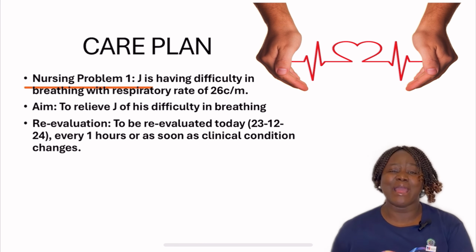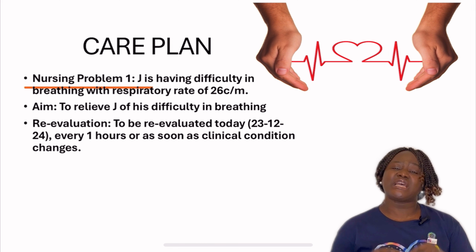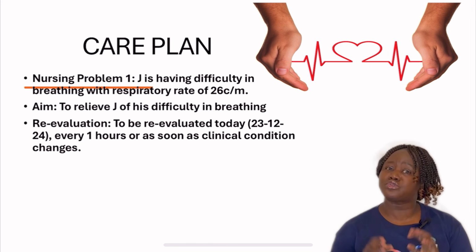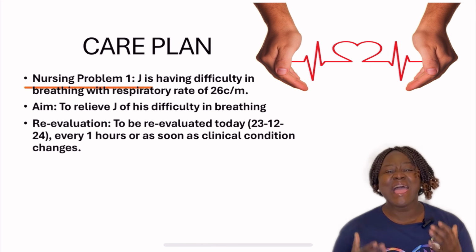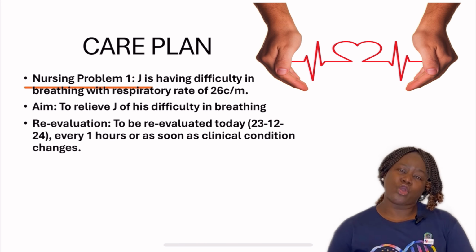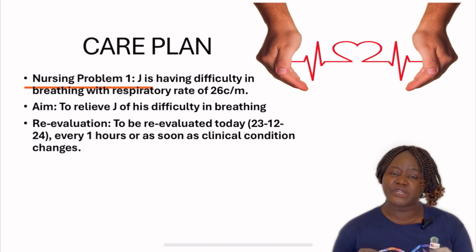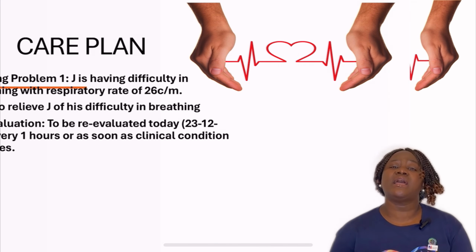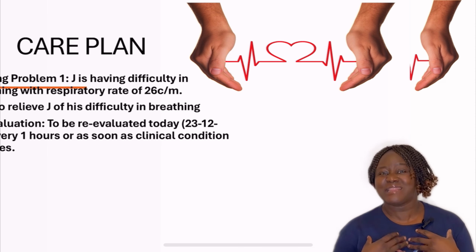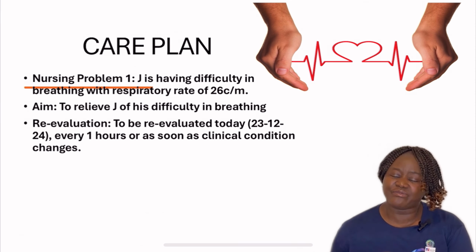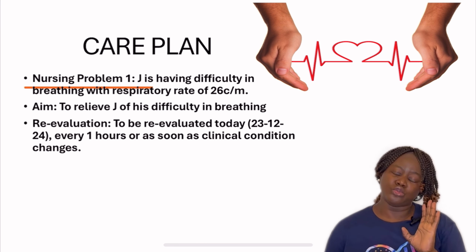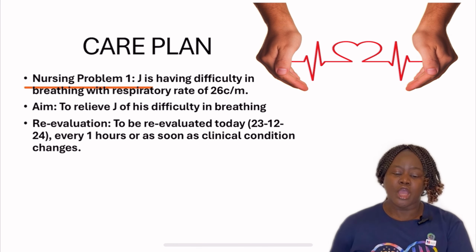Either is fine. My reevaluation is to be reevaluated today, the date of my exam, for example 23/12/24, every 1 hourly or as soon as clinical condition changes. It's an inpatient scenario, hospital setting, and this is something that is life threatening. Even though it is end of life, we still have to do the necessary intervention.